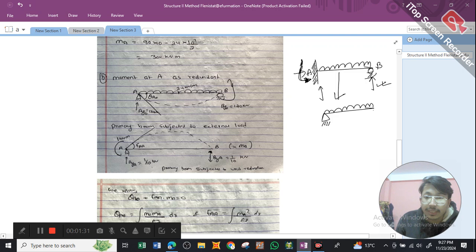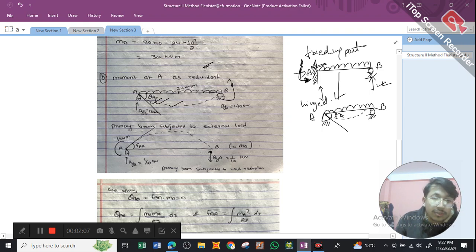There is a certain load acting over here, as well as support B. This is A. If we remove the moment, if we take the moment as redundant, we will have a hinge support at A, and we will have a deflection in such a manner. We're going to take the slope at point A as theta A, so we have written theta A naught over here.